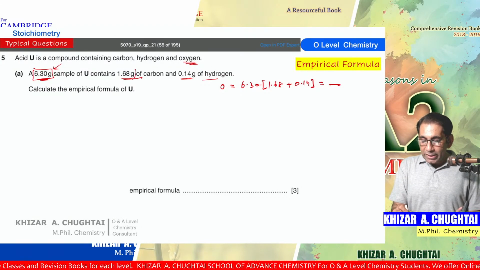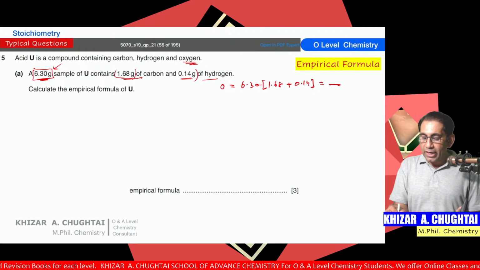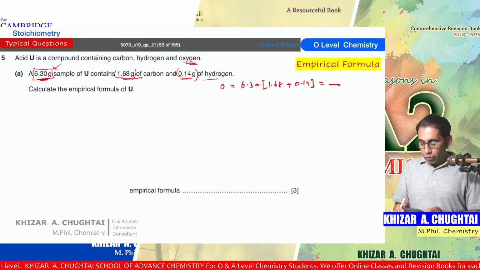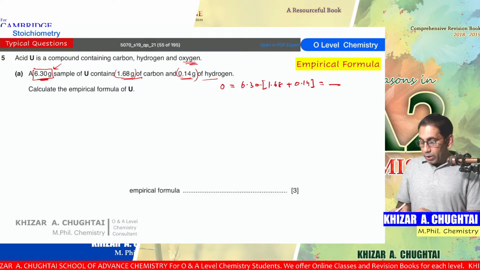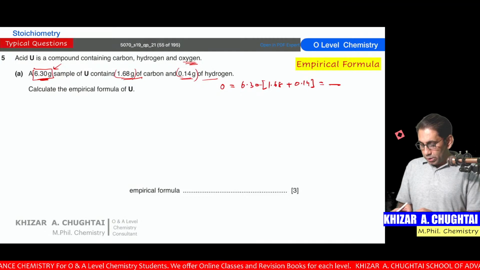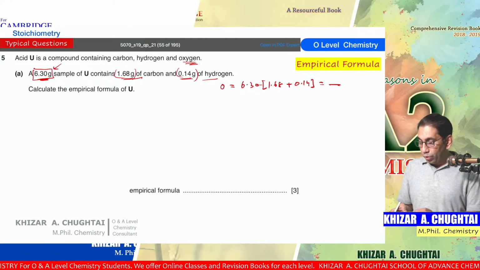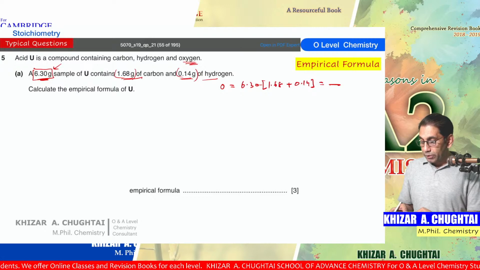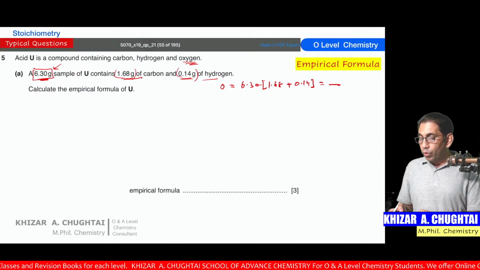The mass of carbon is 1.68, the mass of H is 0.14, and the remaining mass will be because of oxygen. So 1.68 plus 0.14, and 6.30 minus that answer is equal to 4.48.